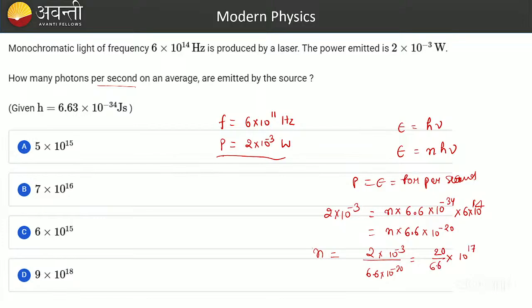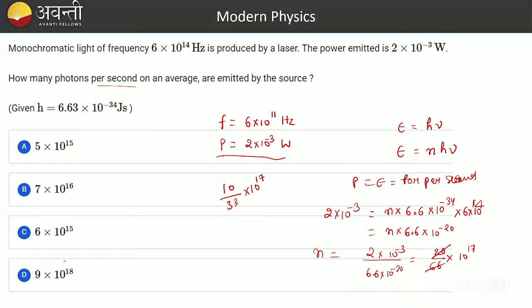Approximately if you divide it, it will become 10 upon 33 multiplied by 10 raised to the power 17.